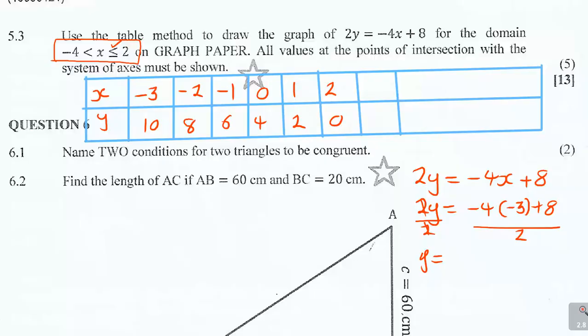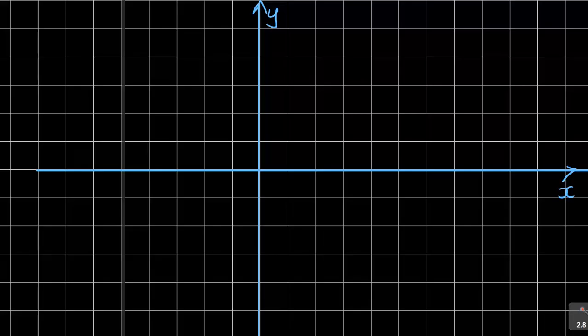Remember they said from x is minus 3 to 2, so this is my 0, this one is my 1. I can jump 2 spaces and say 1, then jump 2 spaces and say 2, again jump 2 spaces, I've got minus 1, jump 2 spaces, minus 2, jump 2 spaces, minus 3.